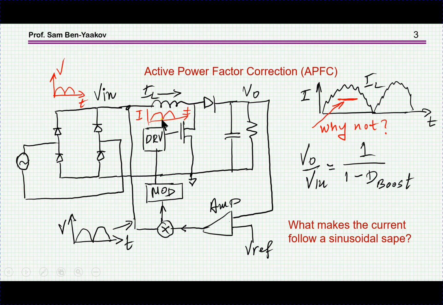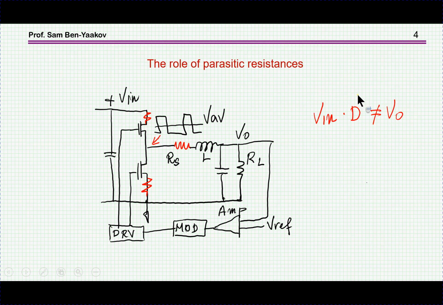And the question was again, if this is a boost converter, the transfer ratio between V in and V out is this one, and it's dependent at any given instant on V in, but what makes the current change? Why is it not constant? Okay, so these were the questions.